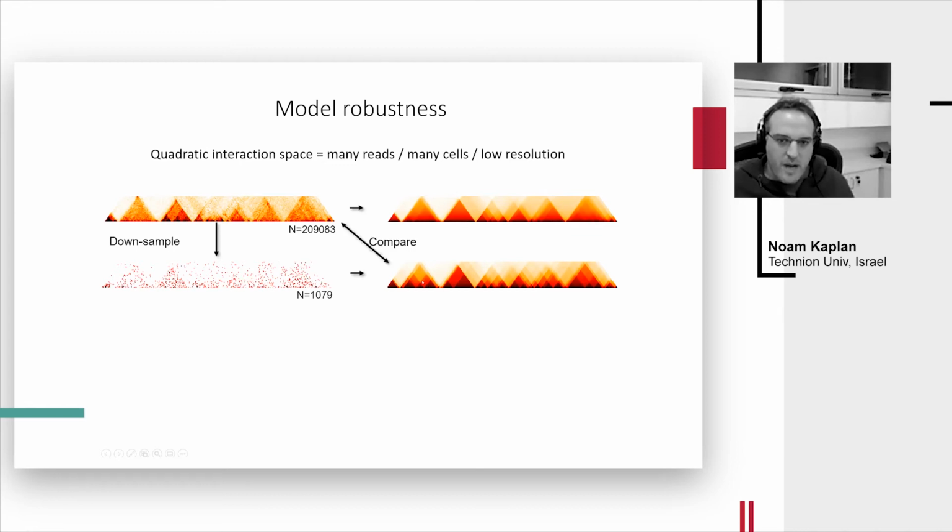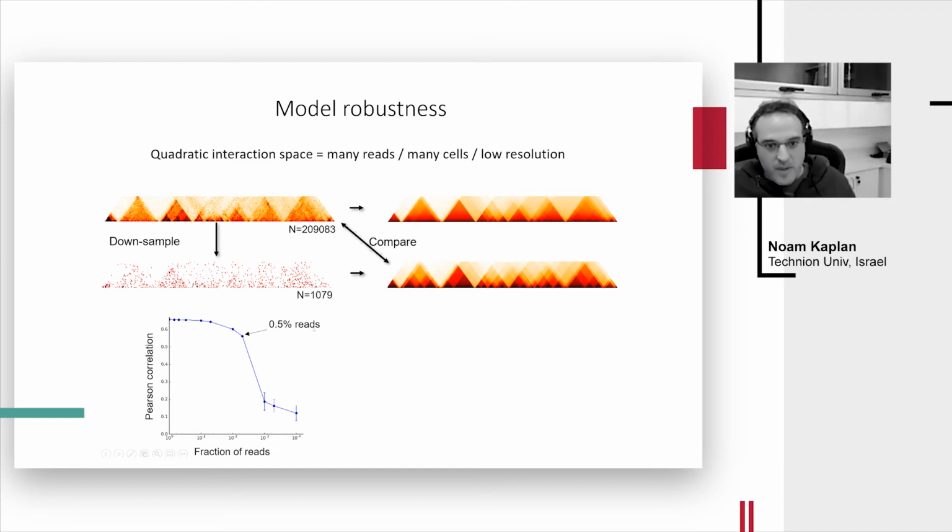And you can compare how well you do, and you see that you can go down to less than 1% of the reads and still be able to explain the data and correctly find the parameters more or less with very few reads. And this allows you to now work at higher resolution, work with fewer reads, which are quite costly in Hi-C, or with fewer cells.